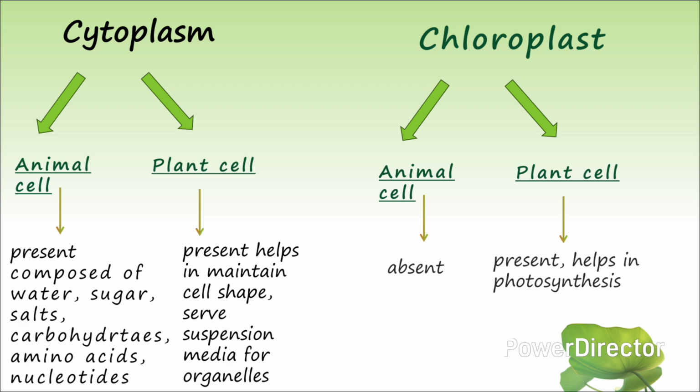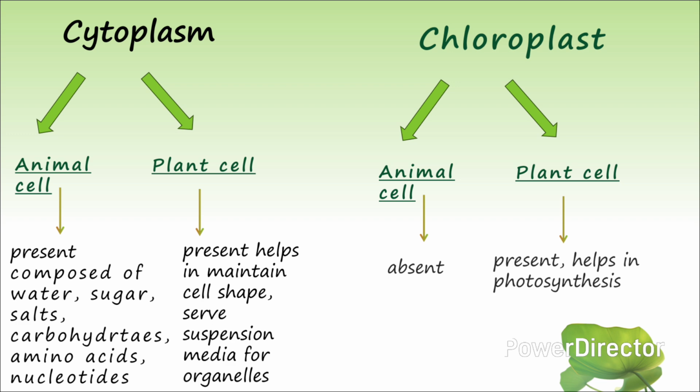Chloroplast. Animal cells do not have chloroplast. In plant cells, chloroplast is an organelle within the cells of plants that contain chlorophyll and carotenoid pigments, which are responsible for trapping light energy essential for photosynthesis.